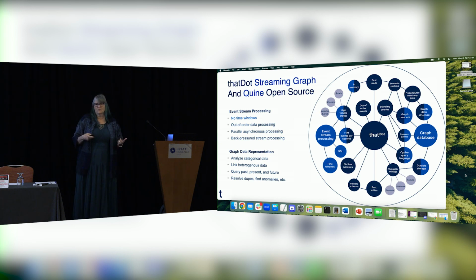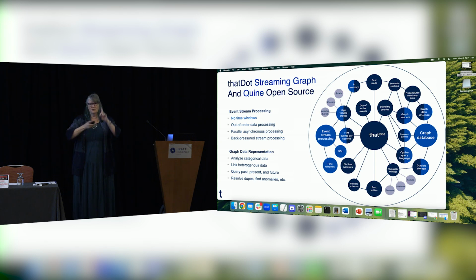Well, DARPA, who is our research branch of our government, went in and said, this is bad. We need to develop some tech to fix this. So they developed Quine, our open source capability. It is an event processor based on graph, which has no time windows, which means I can find a pattern between entities and relationships and all of that, between something that happened 3 years ago, something that happened last week, something that happened a microsecond ago, and something that maybe won't happen until next week.